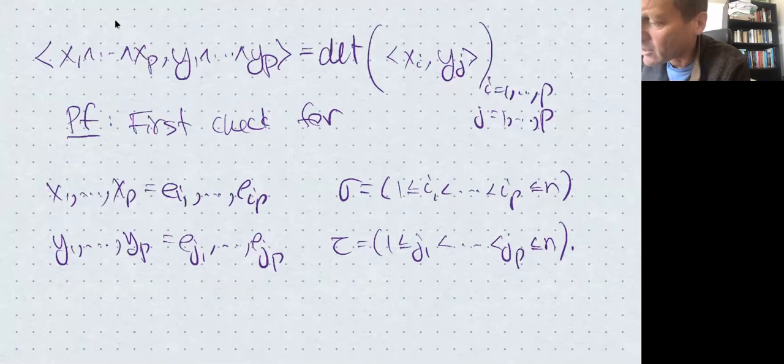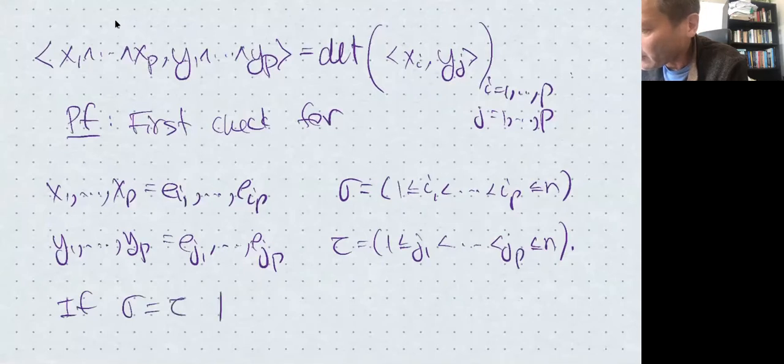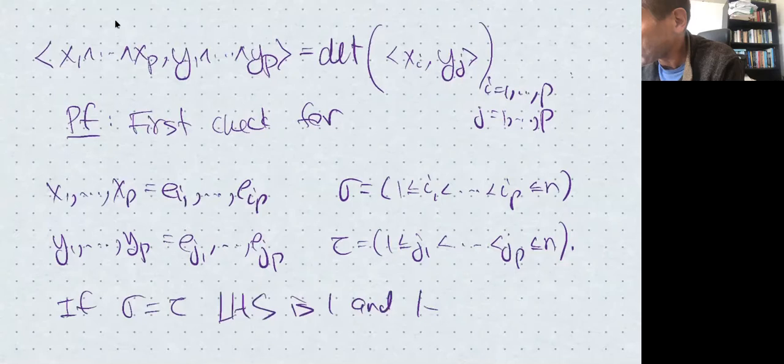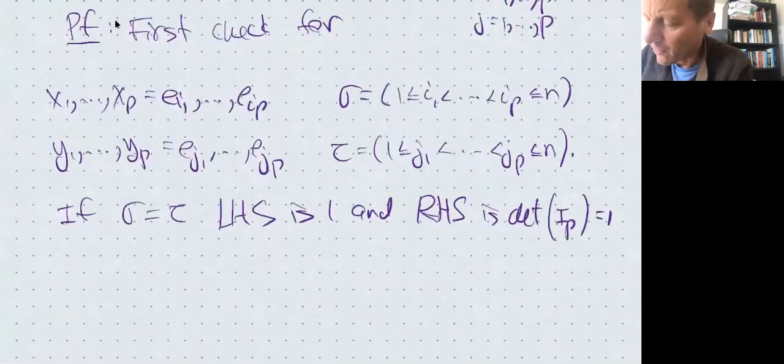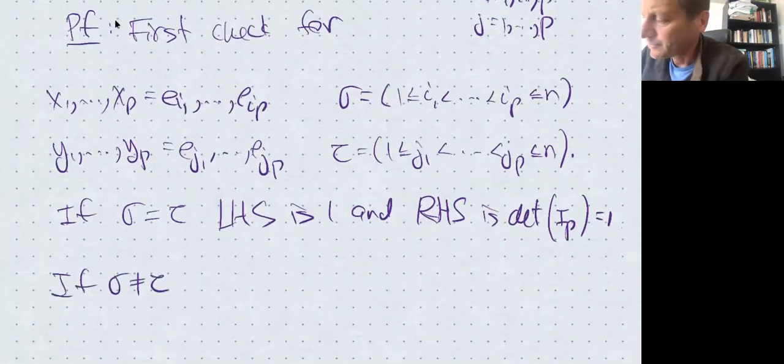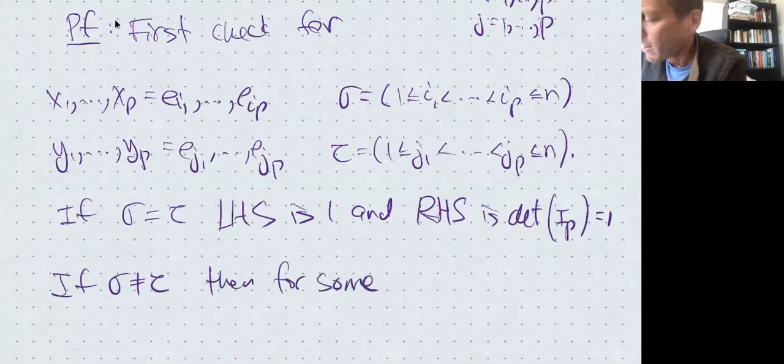And then this is true because if sigma equals tau, then the left-hand side is 1, and the right-hand side is the determinant of the identity matrix, which is also 1. If sigma is not equal to tau, then for some i, xi is different from yj for all j.